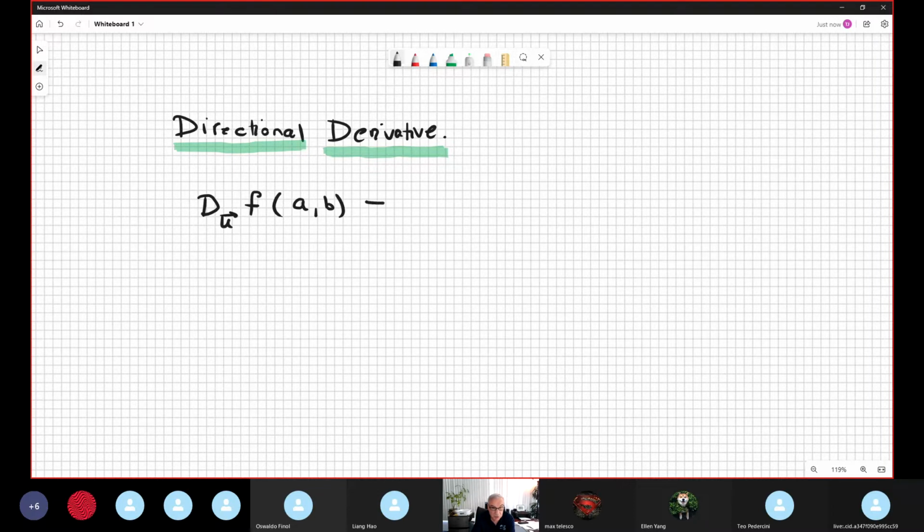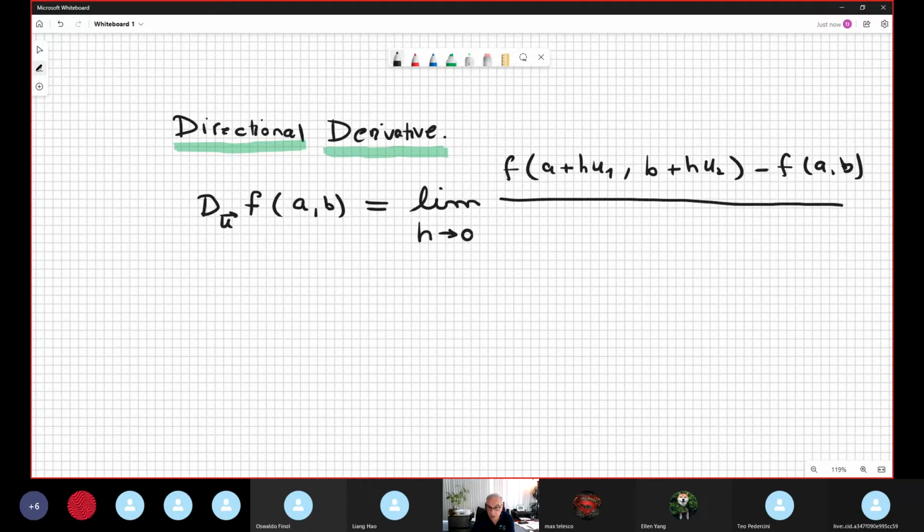A similar definition that you know is a limit as h approaches 0 of the function evaluated at a plus h u1, comma b plus h u2, minus f of a comma b, the same definition as the derivative, divided by h.